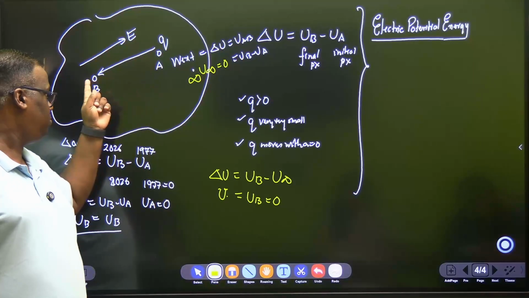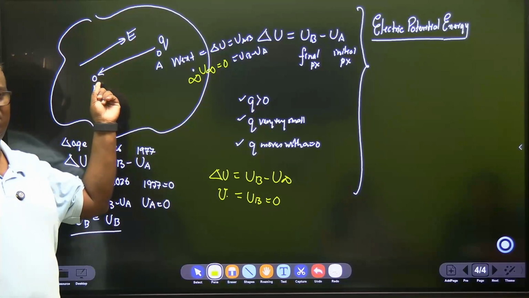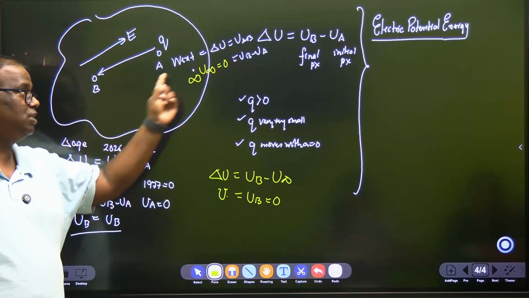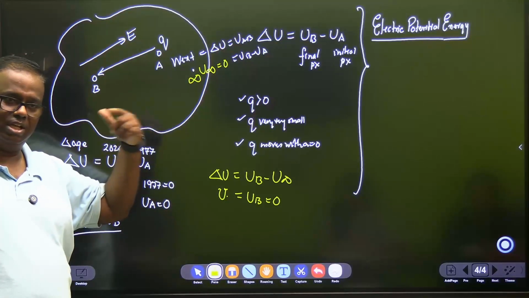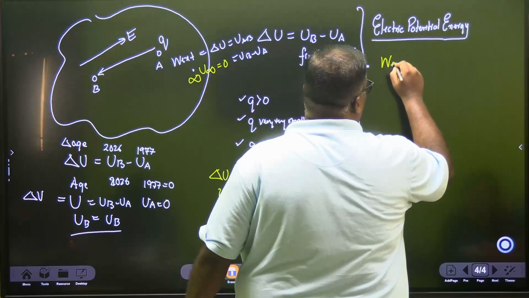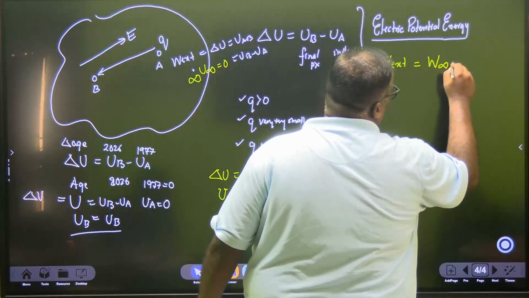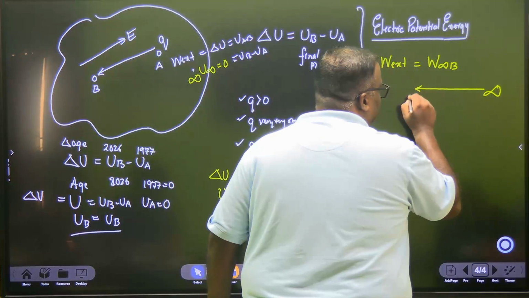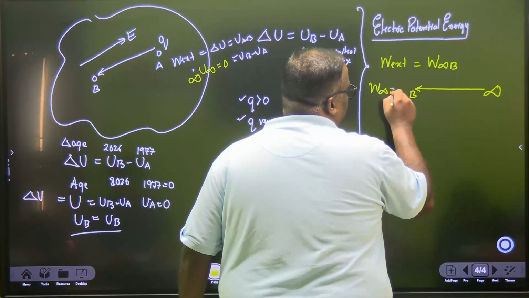What is the electric potential energy of a point? The electric potential energy of a point in space is defined as the external work done in moving a unit positive test charge from infinity to that point. Have we understood the second definition? So in this, we are bothered about the external work done, and this external work done is W infinity to B. That means the charge is being moved from infinity to B. And you are doing W infinity B in this process.